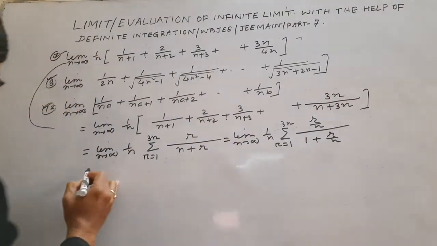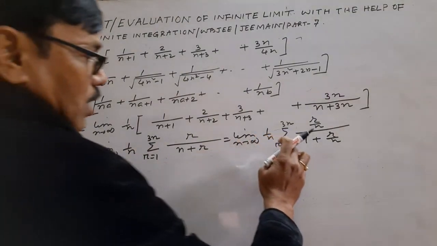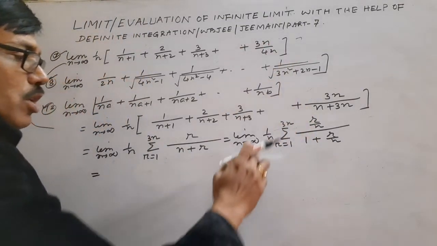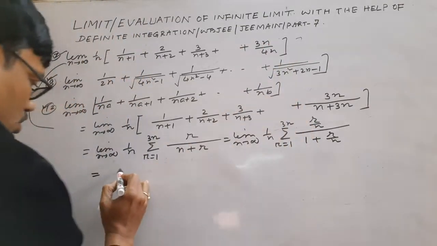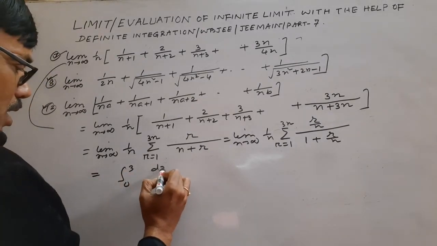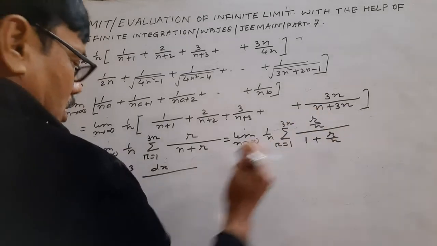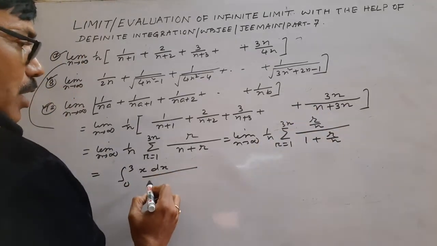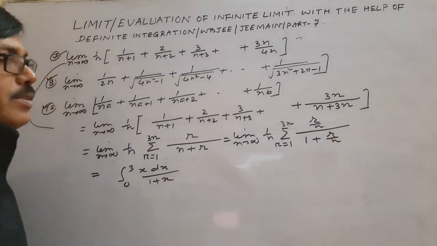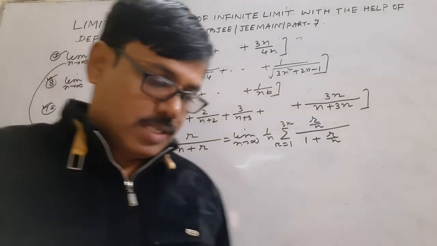We have already discussed, if it is 1 to n, this is 0 to 1. 1 to 2n, 0 to 2. So 1 to 3n, integration is 0 to 3. R by n is replaced by x. So x dx by 1 plus x.